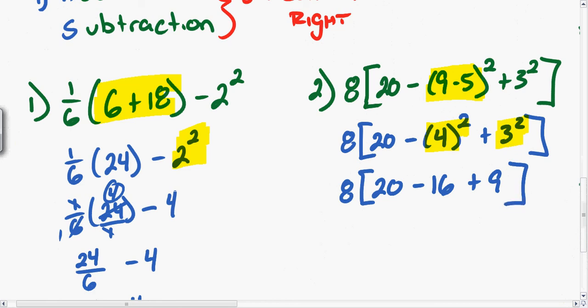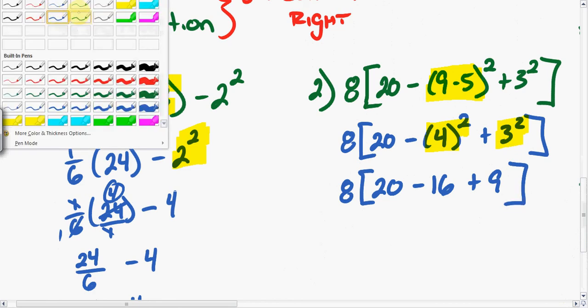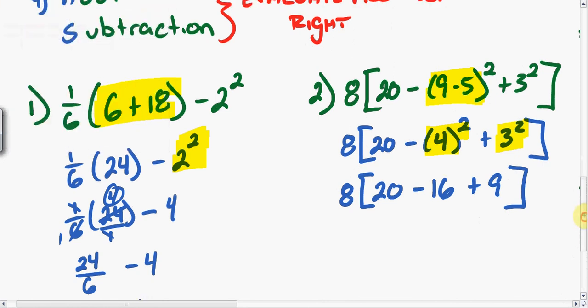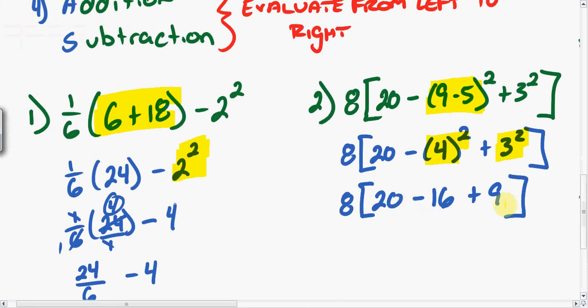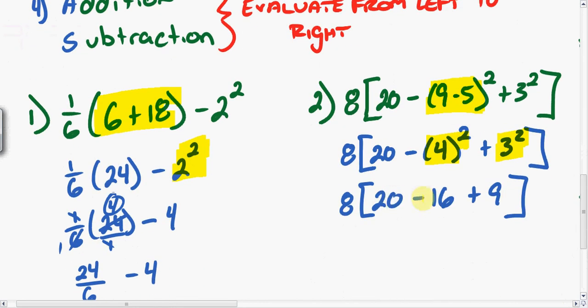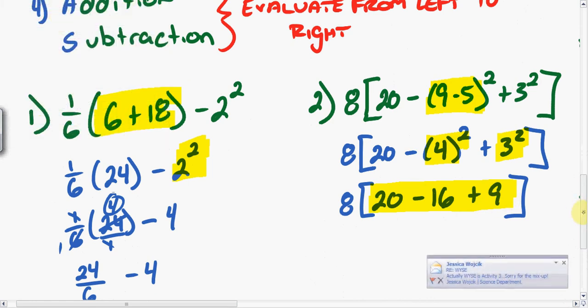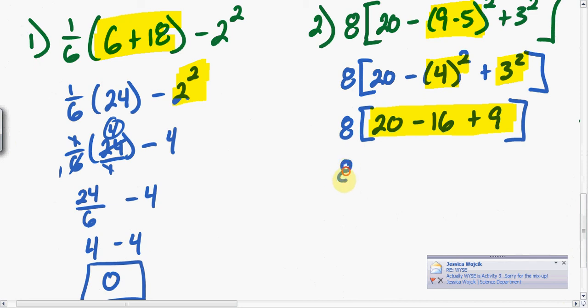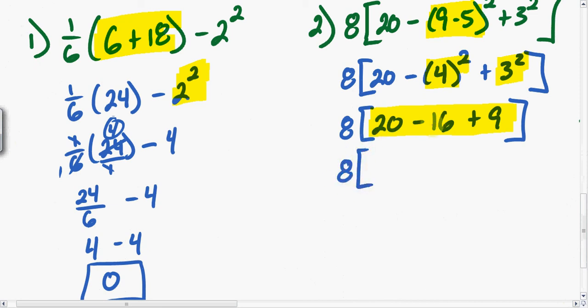And the last thing I need to do is, inside the parentheses, not in the whole problem, is my addition and subtraction. We've skipped over multiplication and division because there is no multiplication and division in the parentheses. So I'm going to take all addition and subtraction together as a group, and remember I'm going to evaluate it from left to right. So I've got 8 times the quantity, 20 minus 16, that gives me 4.